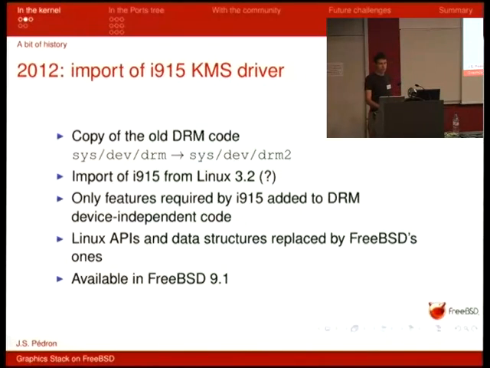I don't know exactly. The DRM device-independent code needed some work too, but instead of updating it, so taking it from Linux and porting it to FreeBSD again, he added the minimum features required by the Intel driver. He also replaced the Linux APIs and data structures, such as linked list, work queue, and so on, by the equivalent in FreeBSD.